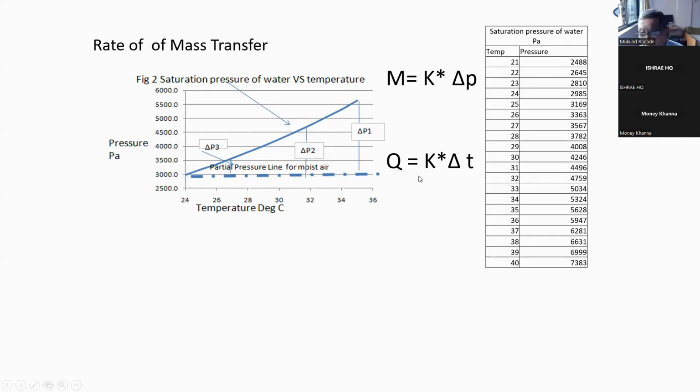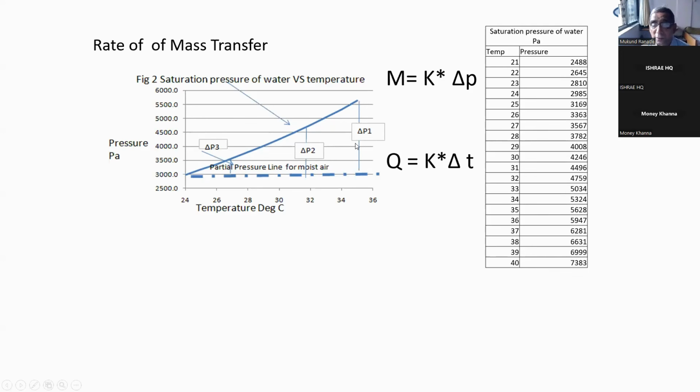Now we have just put the cloth around the bulb of the wet bulb thermometer, and we have taken the water, and by capillary action, the water has come into the wick. Now let us say that the water temperature and air temperature are the same initially.